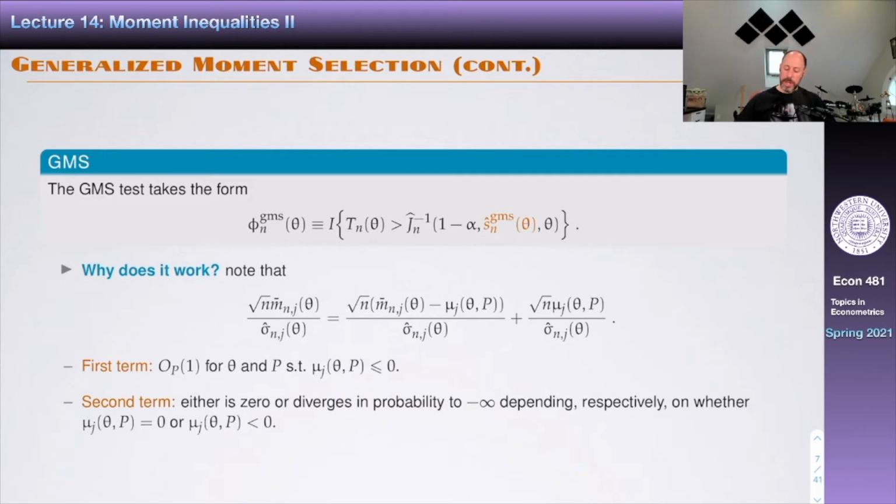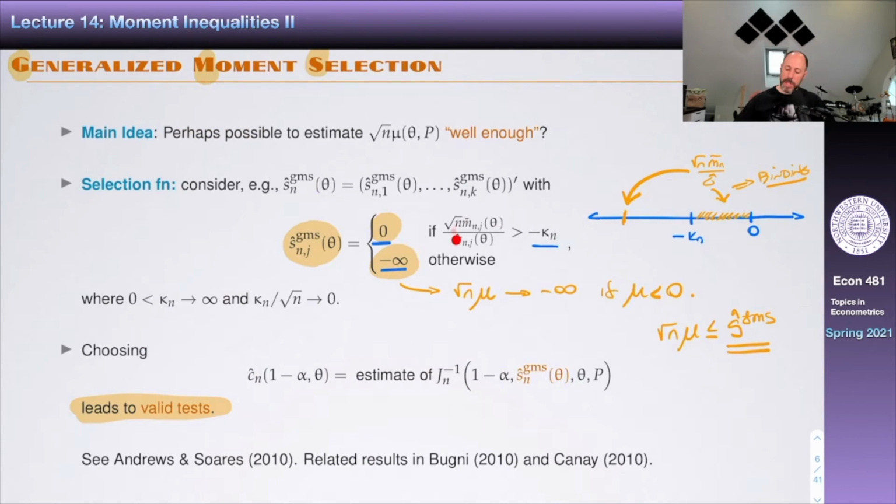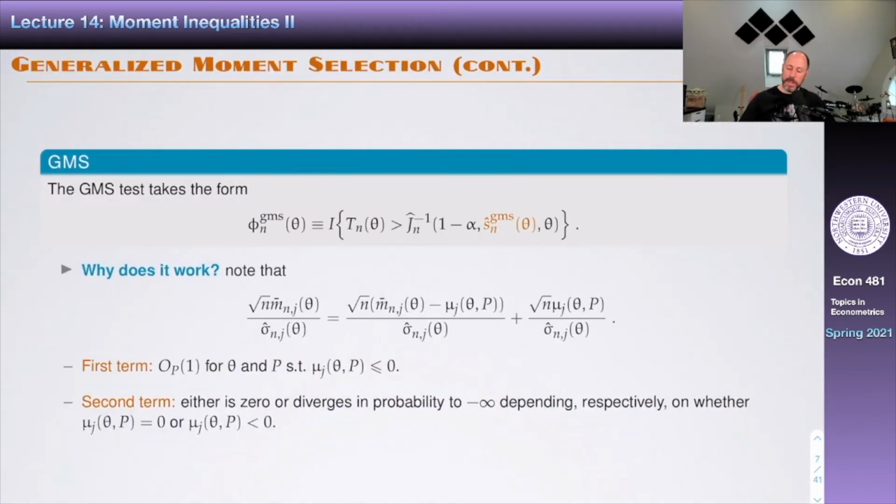So why does it work? Well, look at the following. This function depends on square root n x bar over sigma hat, and there's a negative kappa here that you can take to the other side. So let me just come here and do 1 over kappa n, and then 1 over kappa n, and 1 over kappa n here. Notice that the first term right here is big O_P(1) by usual CLT-type arguments, right?